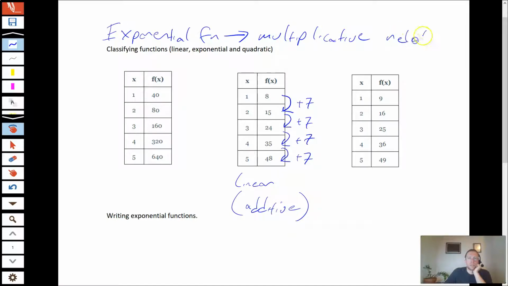So what that means is when you look at our left-hand function, it's this, right? 40 times 2 is 80, times 2 is 160, and so on. So each increase in x means we're multiplying the previous y by 2. So this is an exponential relationship.